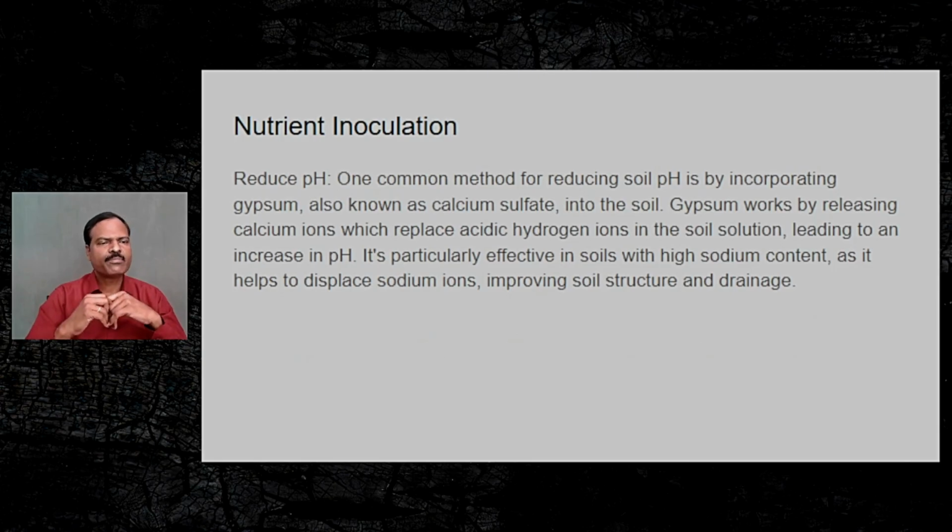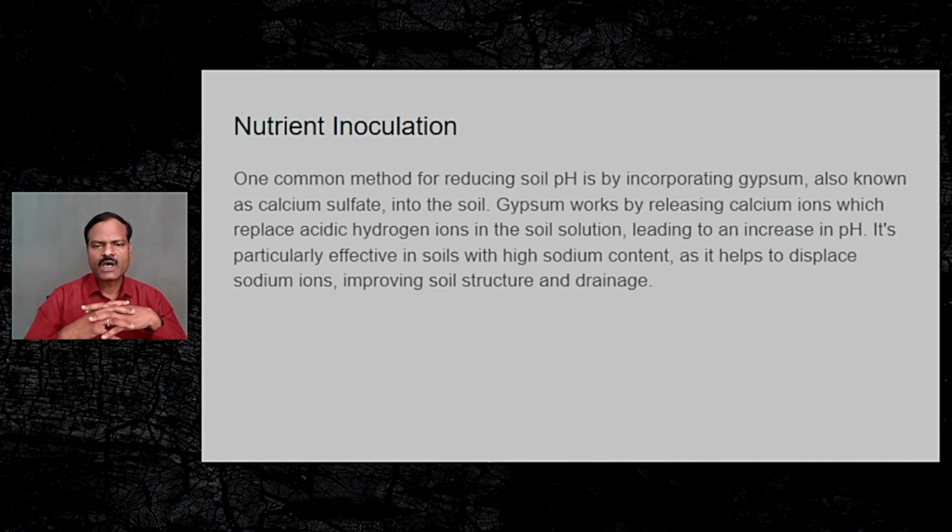To reduce the pH of the soil, especially in the saline or alkaline soils, one common method for reducing soil pH is by incorporating gypsum, also known as calcium sulfate, into the soil along with the biochar.